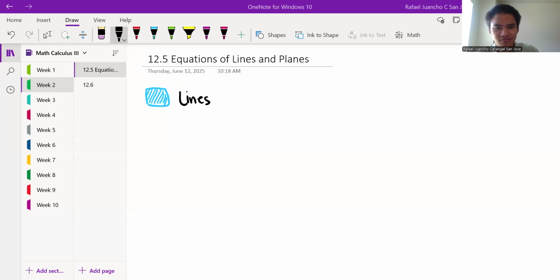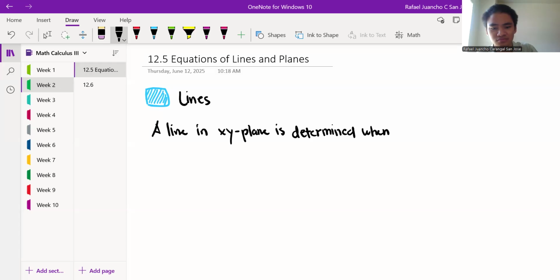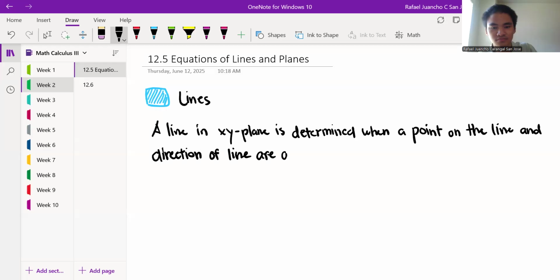So a line in some plane, let's say the xy plane, is determined when a point on the line and the direction of the line are given.